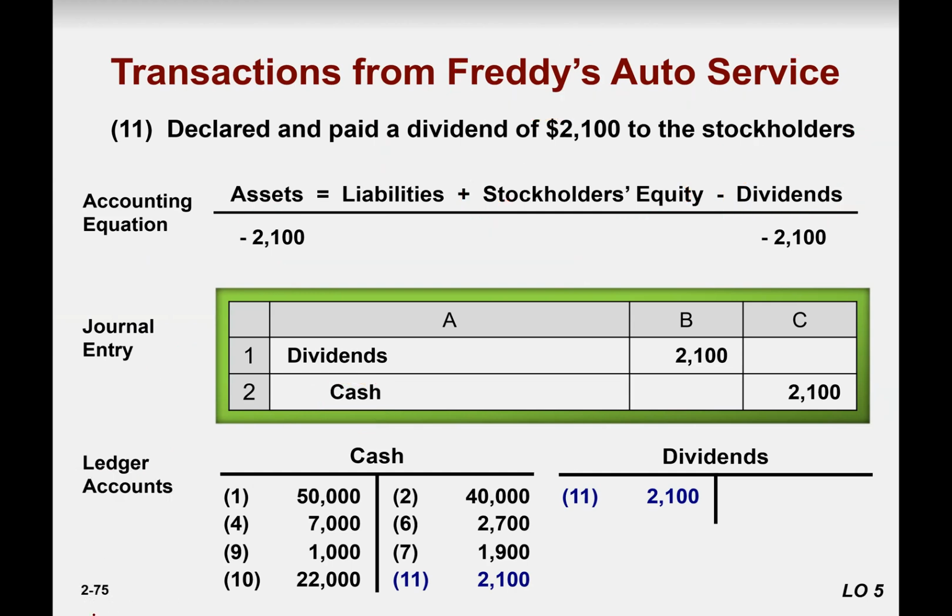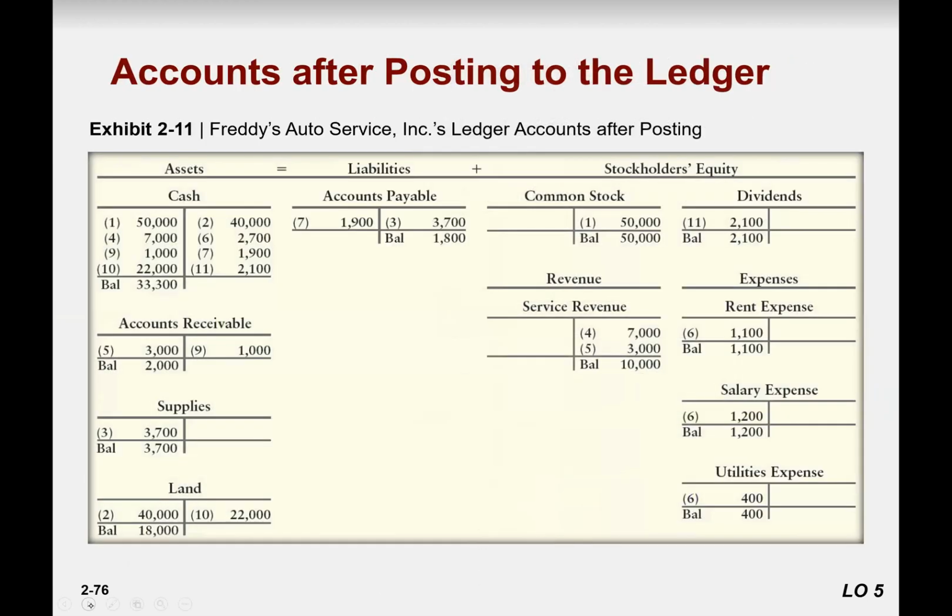So we post this entry here, and now comes the posting. What do we mean by posting? So we already posted all this stuff here, right? This page is showing you all the individual accounts, but something is different here.